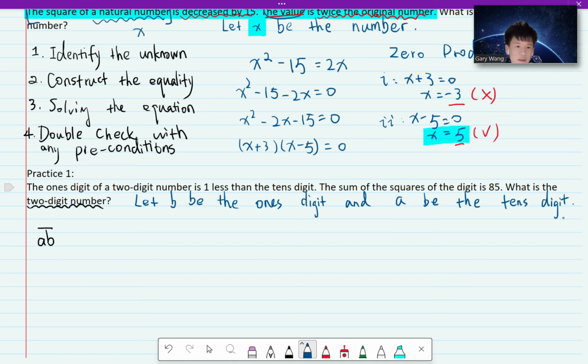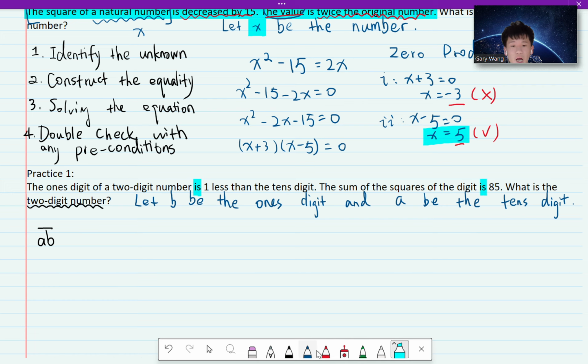After identifying the unknowns, the next step would be to construct the equation. And a very useful tip is that in the question, whenever you see "is" or "equal to" or something like that, it usually implies an equality.